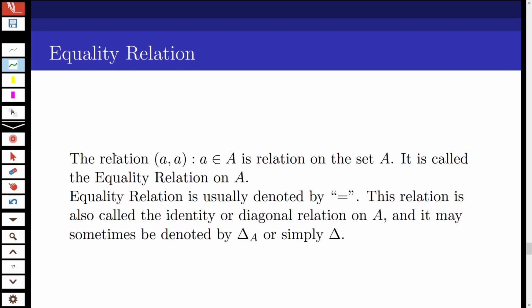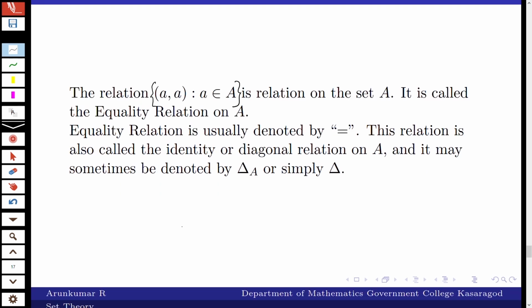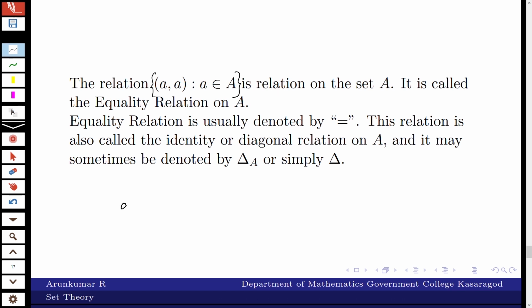Now equality relation. The set of all ordered pairs (a, a) such that a belongs to A is a relation on the set A. You know that (a, a) belongs to A cross A. Therefore, the set of all (a, a) such that a belongs to A is contained in A cross A. So this is a relation on A. It is called the equality relation on A, and it is usually denoted by equal to, or delta suffix A, or simply delta.